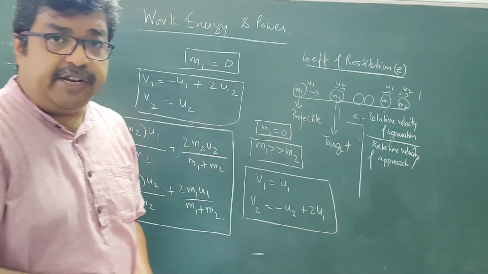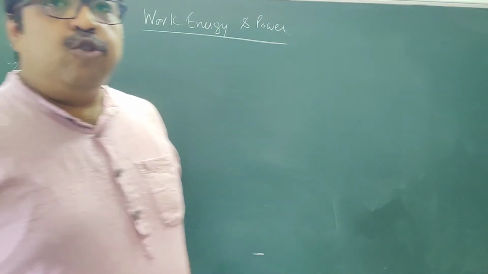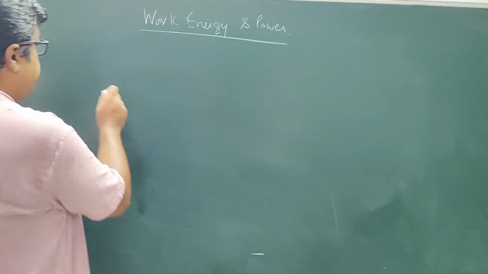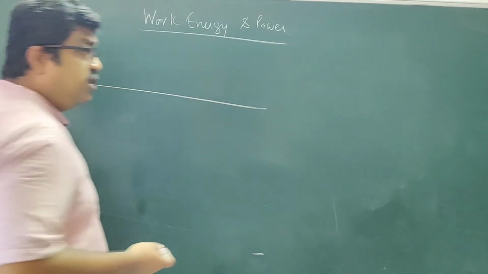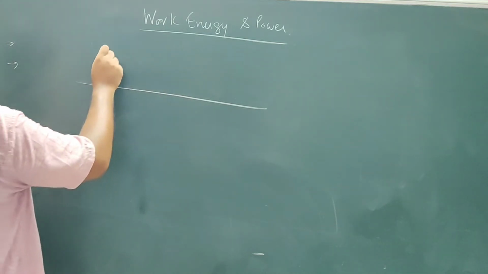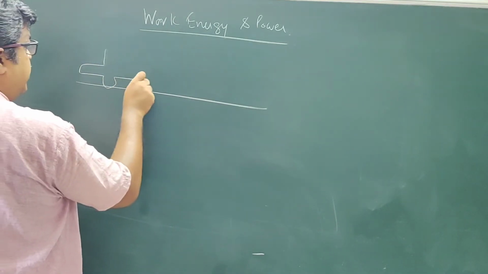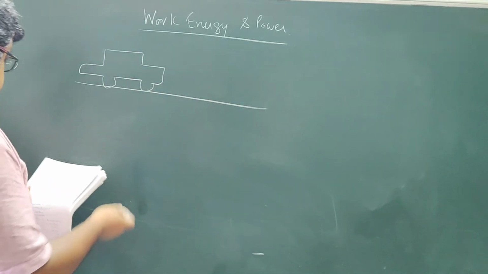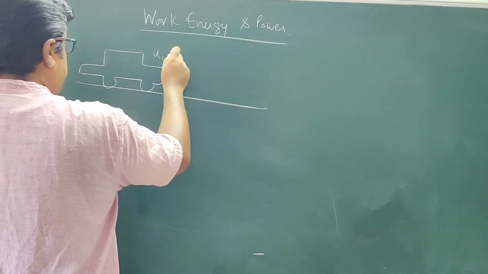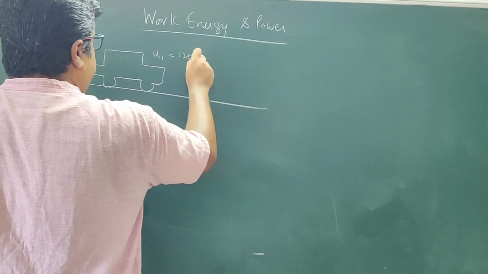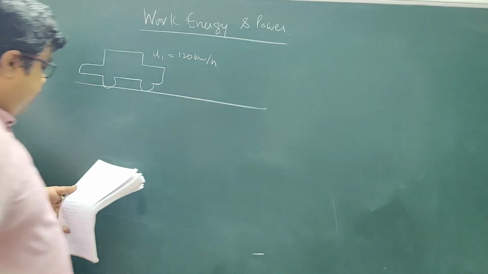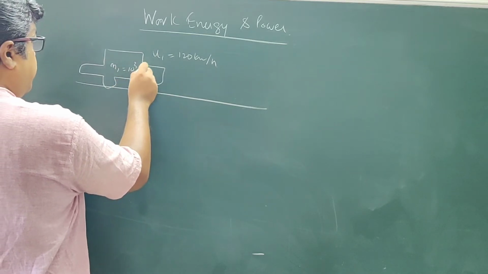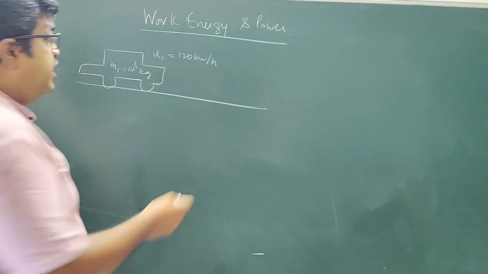Based on this concept, you can try one question. Suppose this is a horizontal track, and this is a car moving with velocity U1 equal to 120 km per hour, and mass M1 equal to 1000 kg.